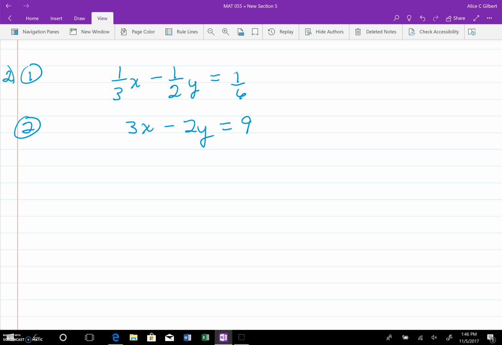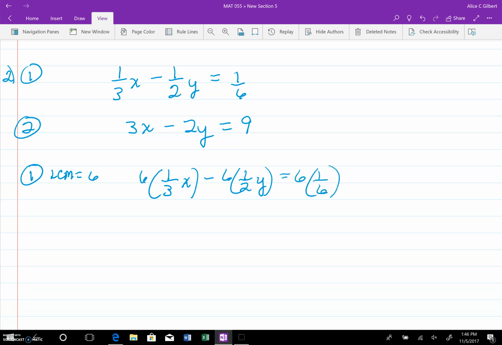So don't let fractions freak you out, guys. We're just going to use an LCM of, in this case, 6. So just like we've been doing all semester long, because this is an equation, I can use an LCM and get rid of these denominators, and then I don't have to worry about it, okay?